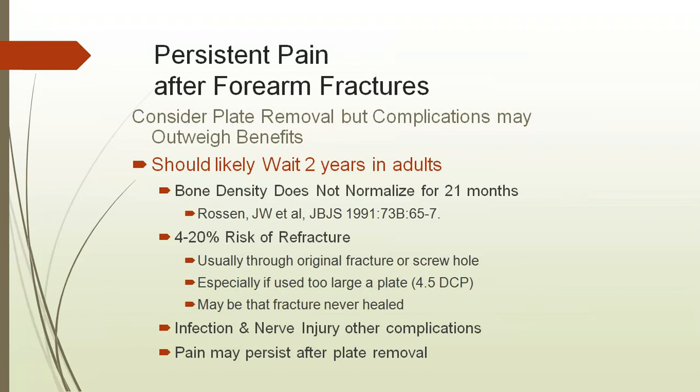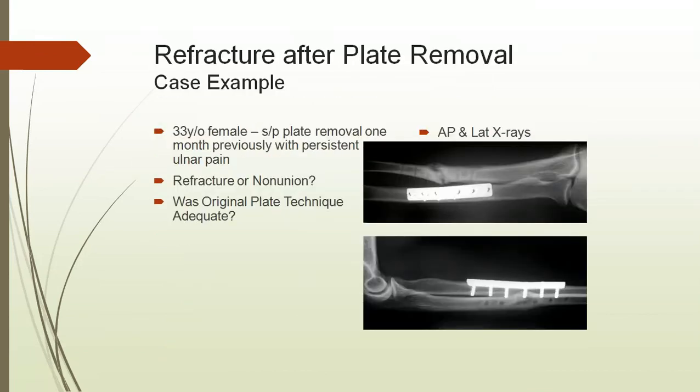Persistent pain is likely to be there, which we need to evaluate thoroughly, and we should not remove the plate or implant immediately. We should evaluate and wait for at least 2 years in adults. Then only we do some intervention. Sometimes there is a refracture after plate removal. If your patient comes to you 10 years after plate fixation, what happens?